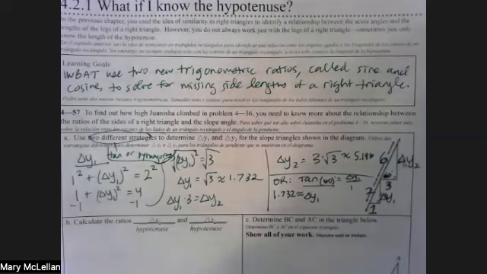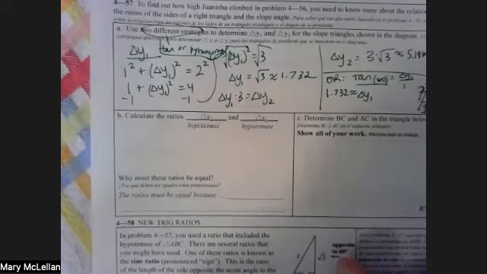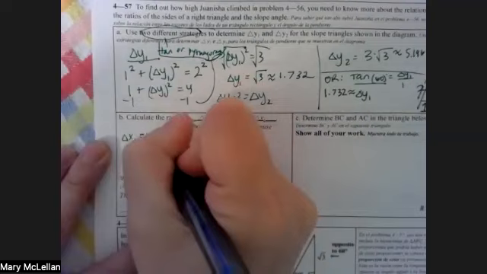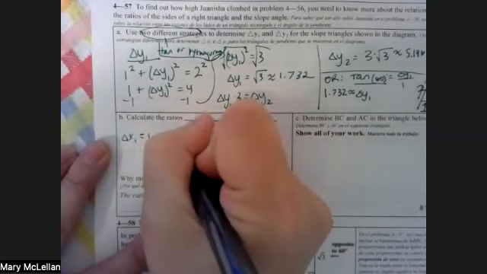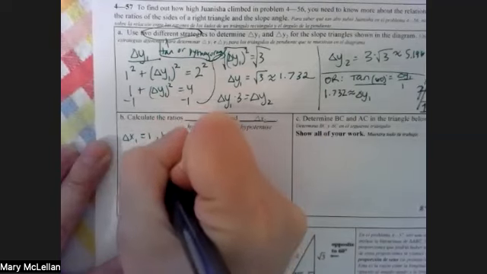Next, I will calculate, this is part B, the ratios. Change in x1 over hypotenuse and change in x2 over hypotenuse. So change in x1 is 1. And for that triangle, the hypotenuse is 2. And change in x2 is 3.